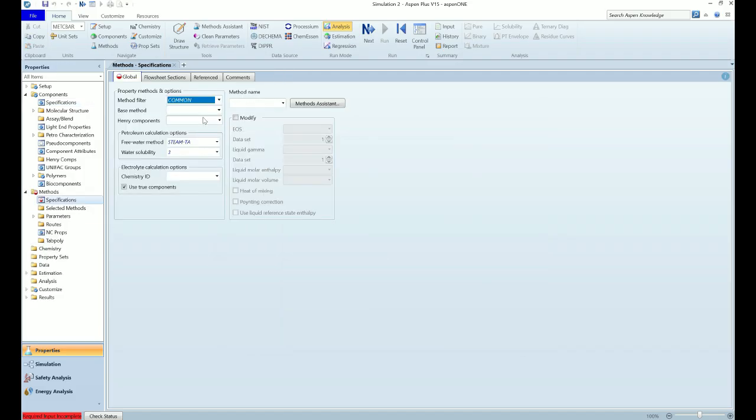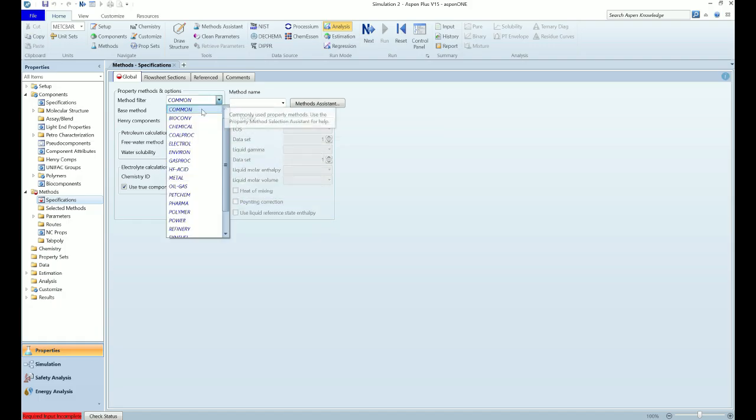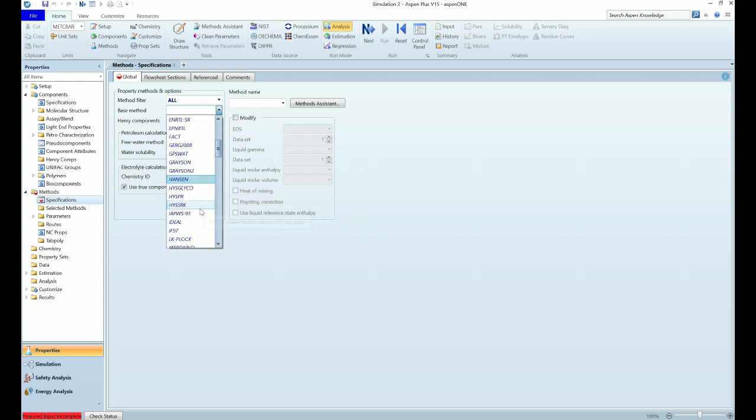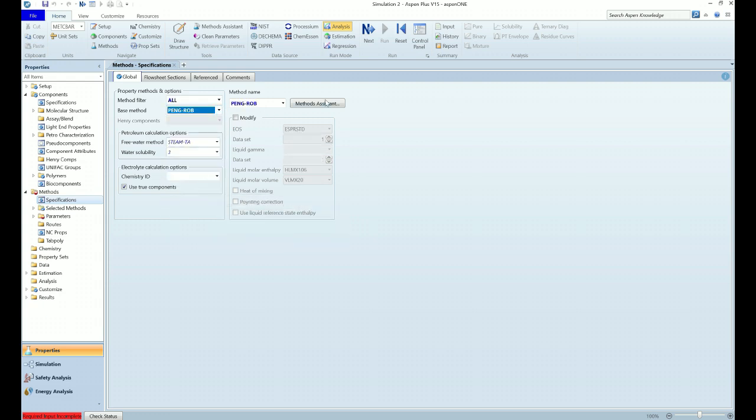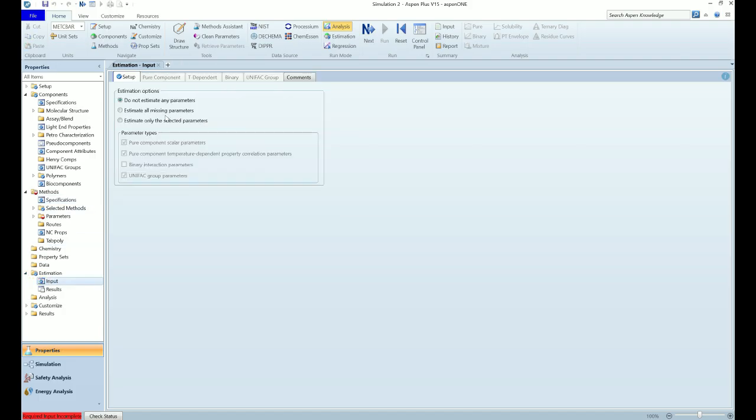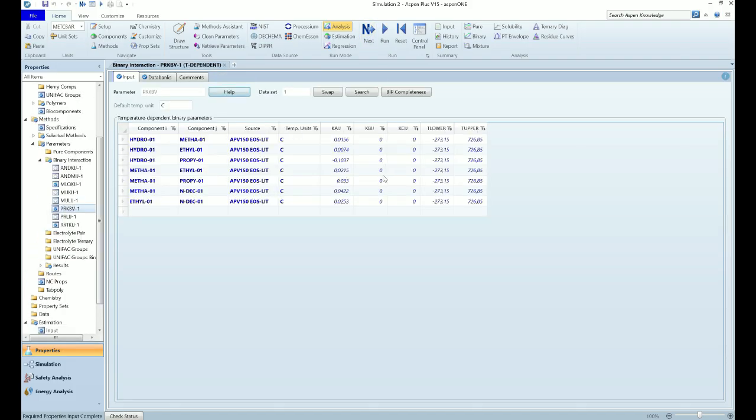Let's select our proper model as Peng-Robinson. In this model, let's change our filter to all, for finding only the model for Peng-Robinson. Let's select estimation of missing parameters, and probably it can use UNIFAC or UNIQUAC for estimating these properties.